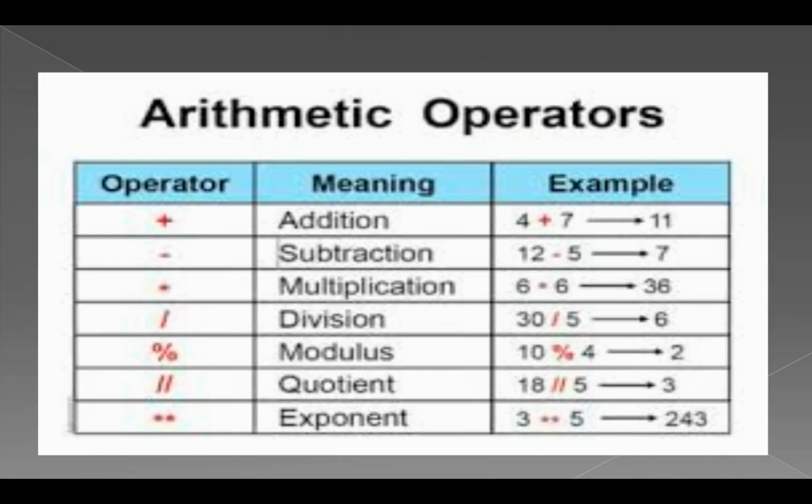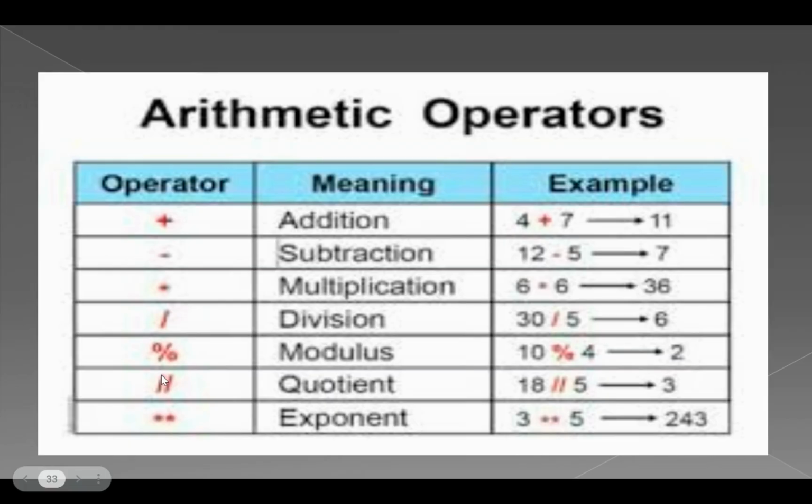As the name suggests, arithmetic operators have a relation with mathematics, like whatever operation we perform in mathematics: plus, minus, into, divide, right? For plus we use the plus sign, for minus we use the minus sign, for multiplication we use the asterisk sign, for division we use the slash sign, and this percent sign is known as modulus.